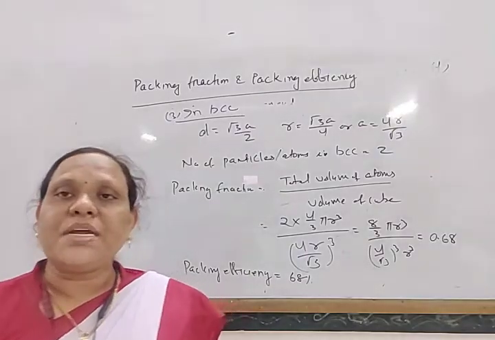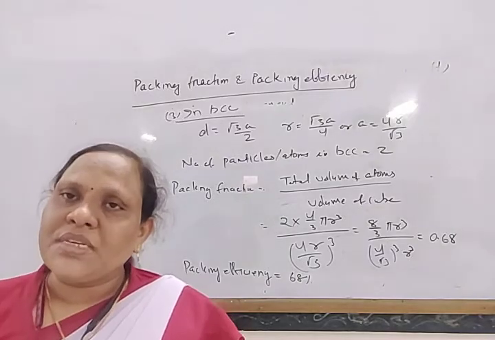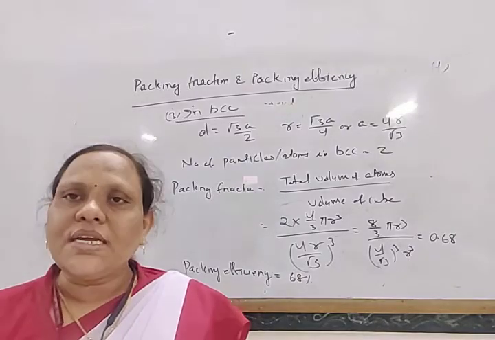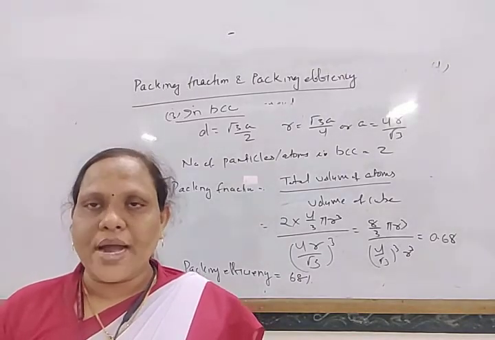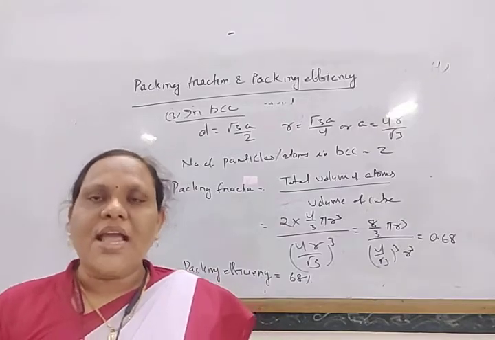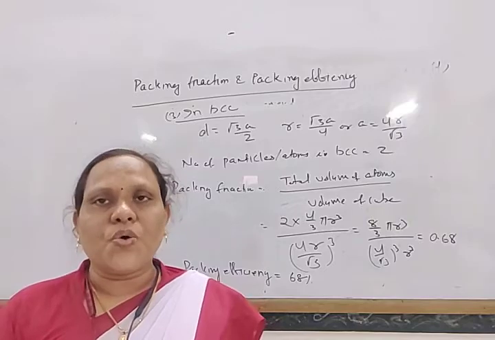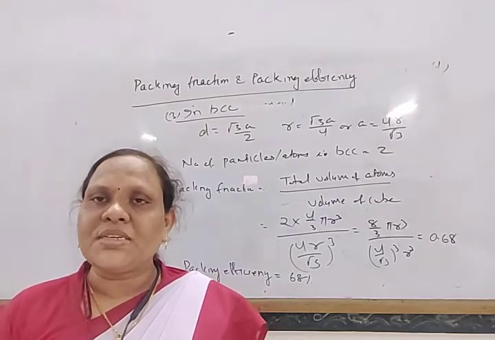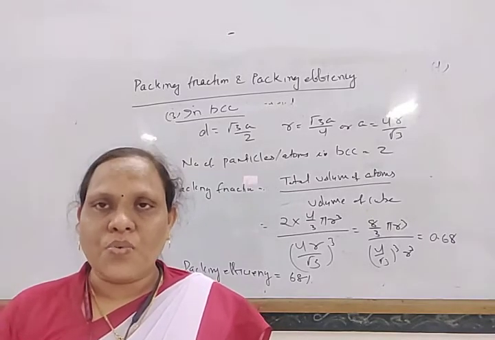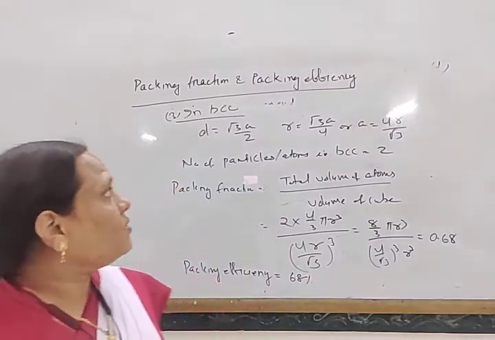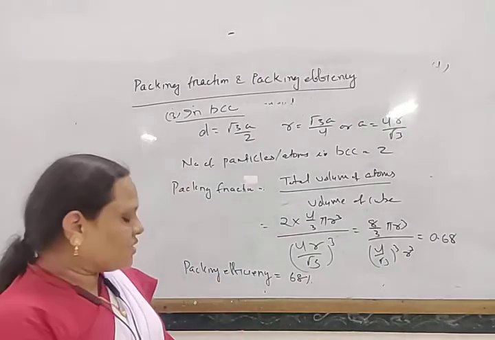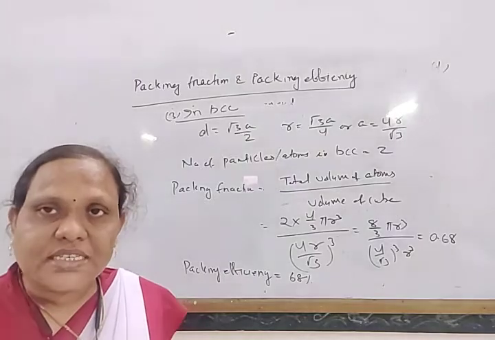In BCC arrangement, 68% is occupied and 32% unoccupied. And in simple cubic, 52% is occupied and 48% remains unoccupied. So this is the calculation of packing fraction and packing efficiency.